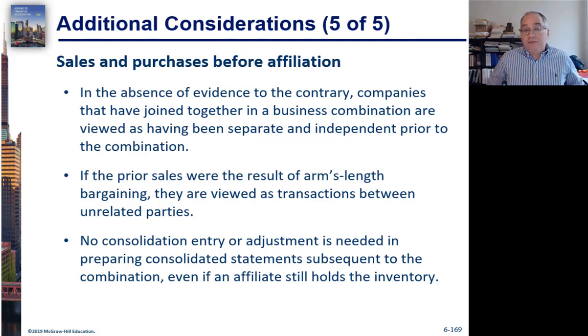If there was, then you can record it as a real sale, as if they were two separate parties, and no elimination is necessary. But if the transaction occurred knowing that these are two parts of the same company, and instead of a negotiation you had a decision made together, then that would need to be eliminated.